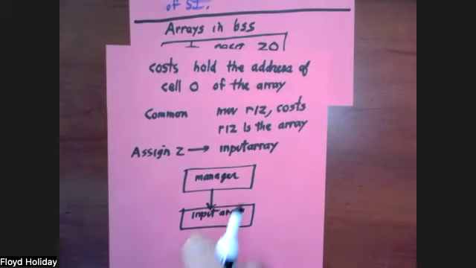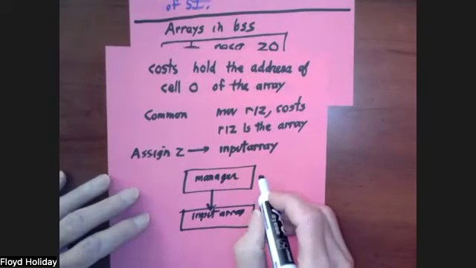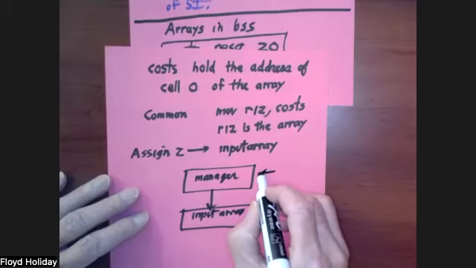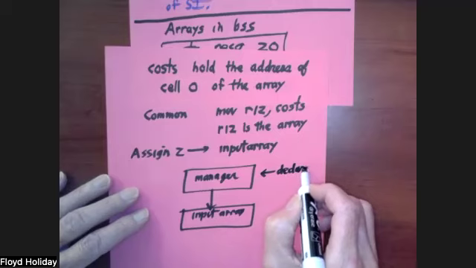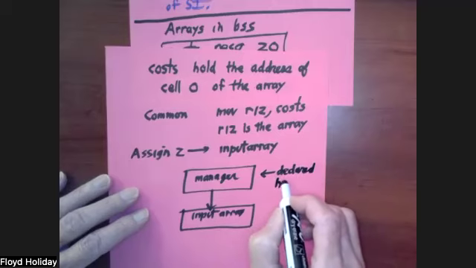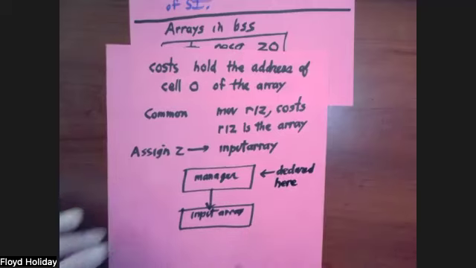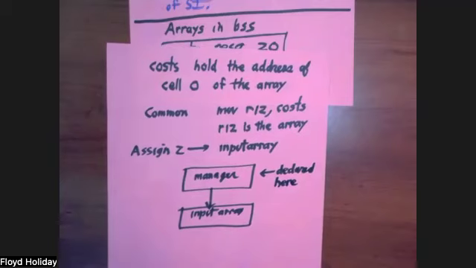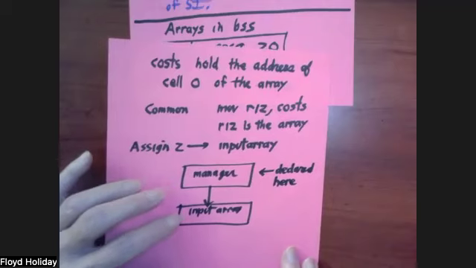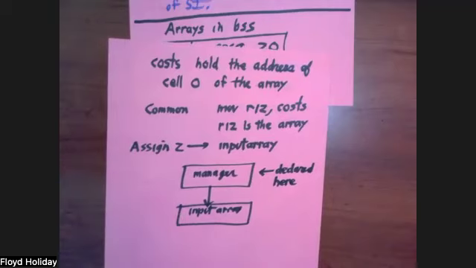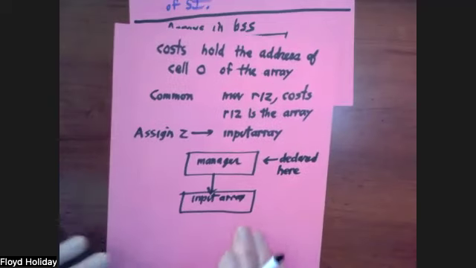It's declared in the BSS segment of manager, and the array is passed through a function parameter to input array, and input array gets numbers from the keyboard and puts them into the array. That's what we want to do this coming hour.